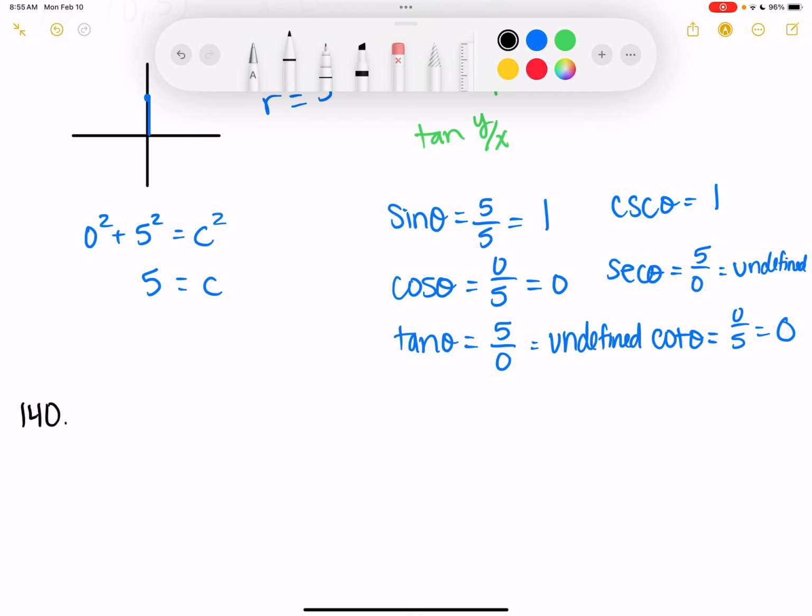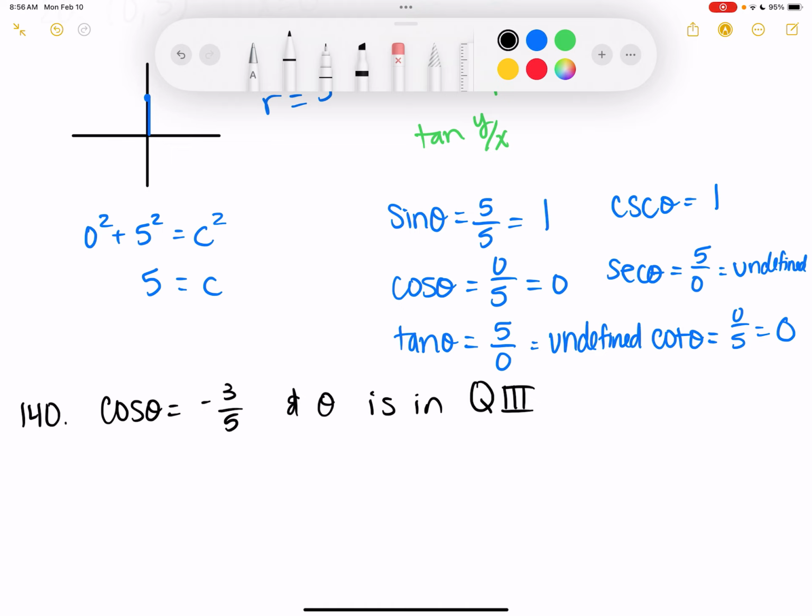So this one is, they tell us cosine of theta is equal to negative 3 over 5. And then they say, and theta is in quadrant 3. And they give it to us in Roman numerals, so hopefully you know those. All you have to know is 1 through 4.